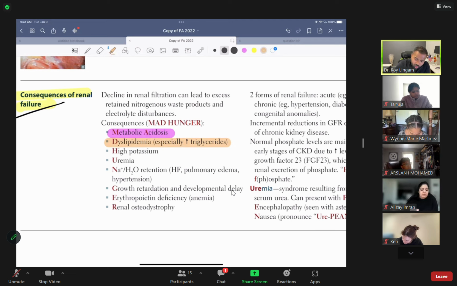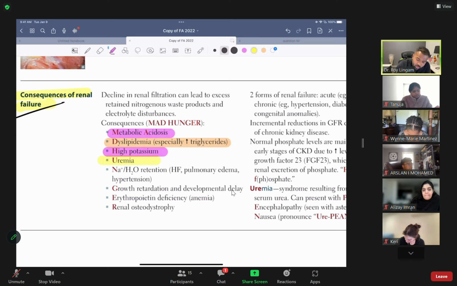If you know why metabolic acidosis, you should also know why high potassium, because hydrogen and potassium are excreted together in the collecting duct. If you can't excrete that, you cannot excrete this. If you have a renal failure, you cannot excrete urea. So urea accumulates in the blood, causing uremia. This uremia can give uremic pericarditis. Is everybody clear, folks? Okay.